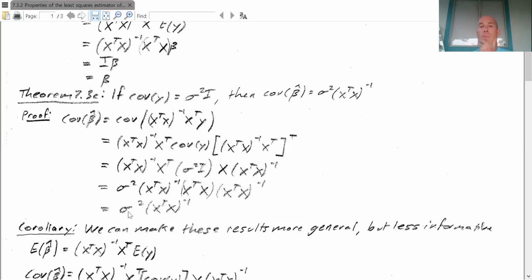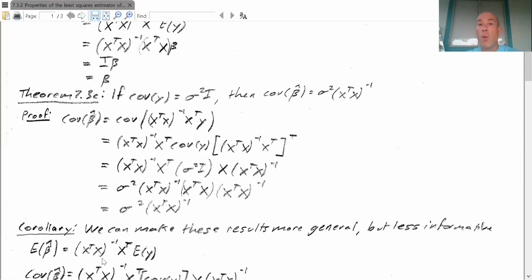Okay, so let's say we're in the situation where the expected value is something else. Maybe I have a biased estimator, maybe a biased value for one of the coefficients. If the expected value of Y is not X beta, then the expected value will just be this.